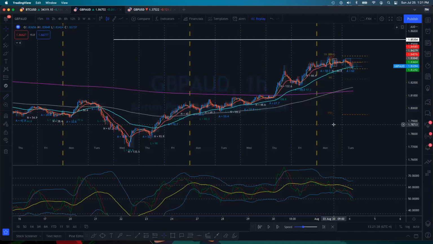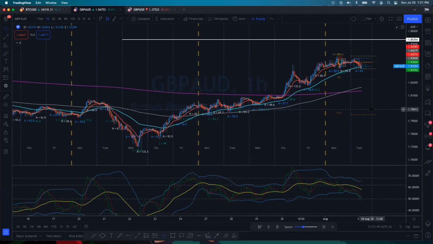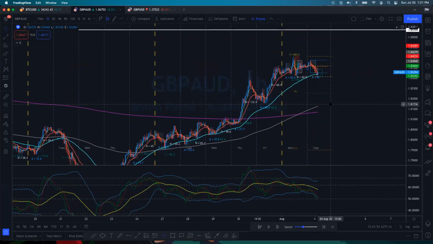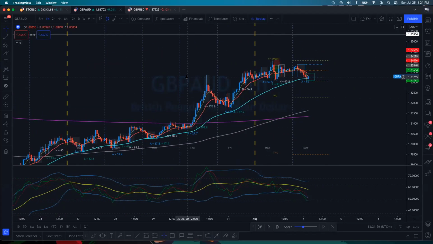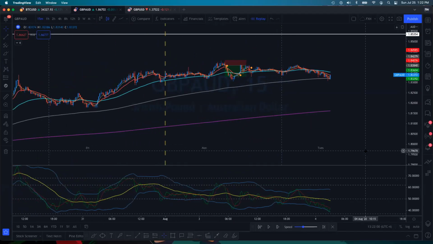So let's just say if the average at this time was 200 pips, this would technically be about 4 times ADR, or somewhere around there, 3.5. If that's the case, then I would definitely be looking for sells more than buys.